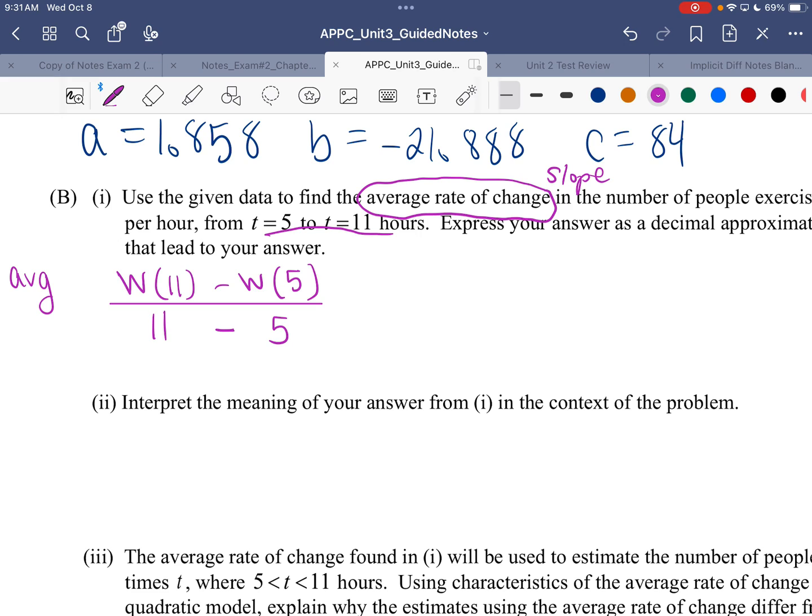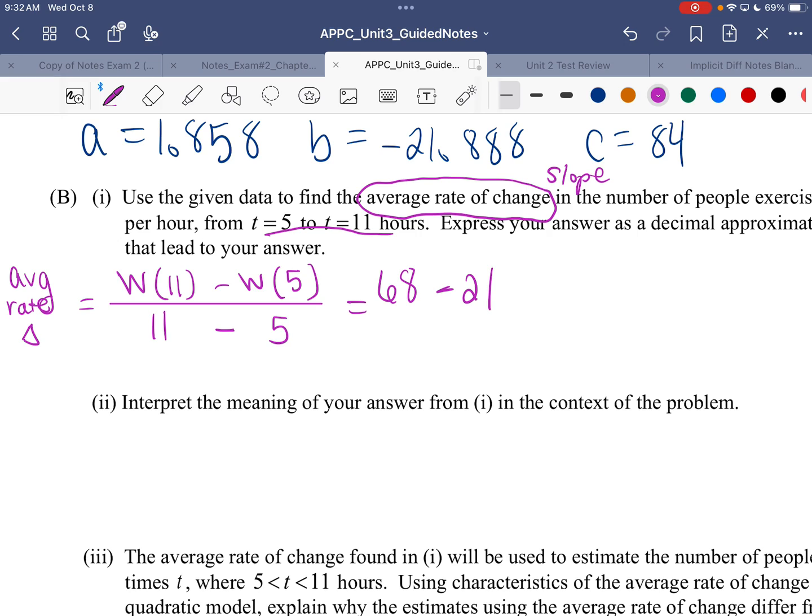We're on FRQ 2, mock number 1. Okay, and then 5 was what value? 21. So we have 68. Oh, I should have made it 67.